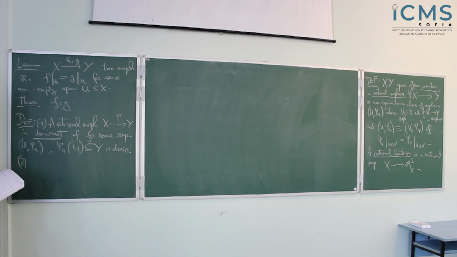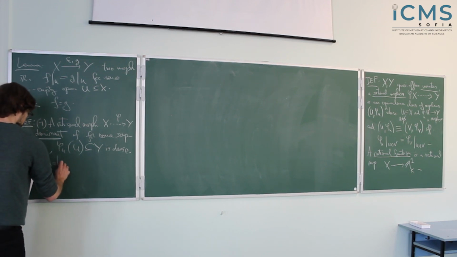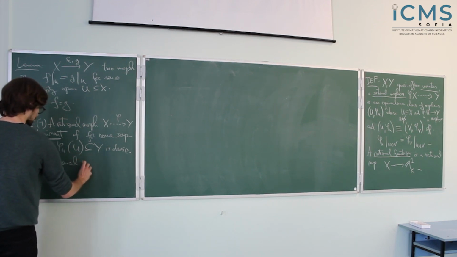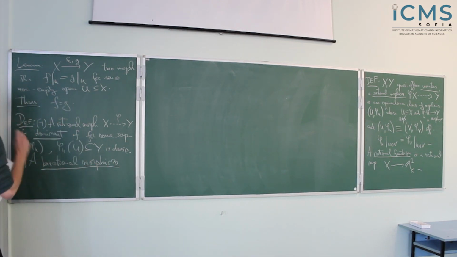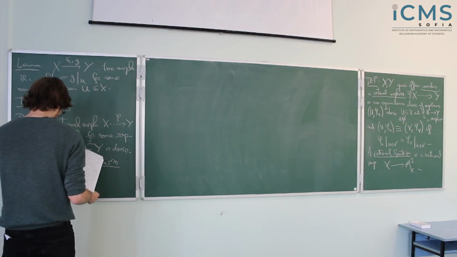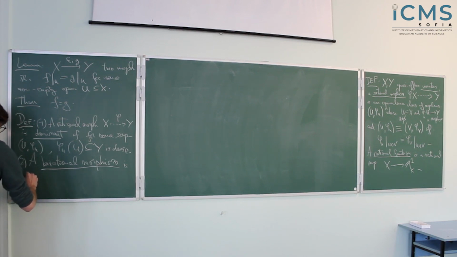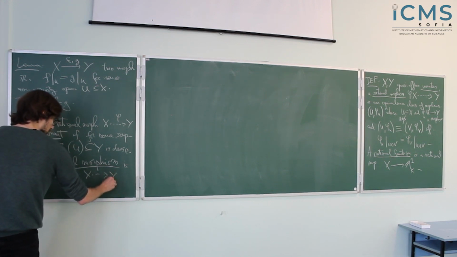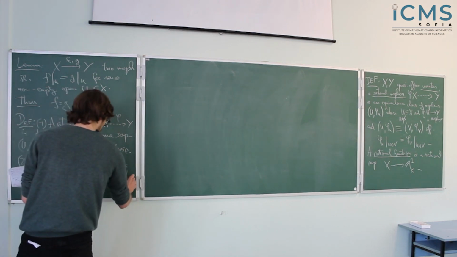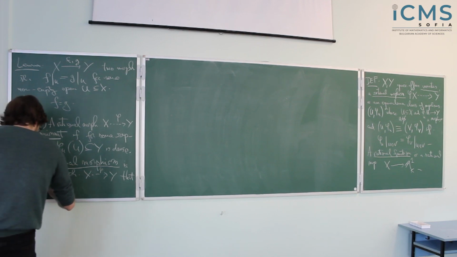This is built from rational morphisms. A birational morphism is a rational morphism from X to Y that admits a rational inverse.